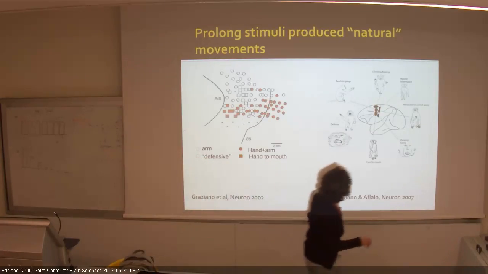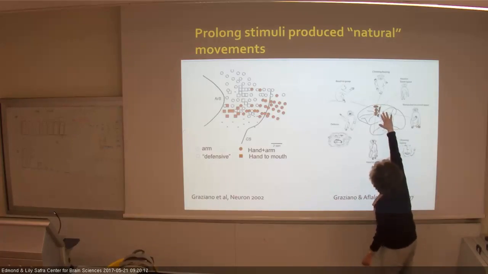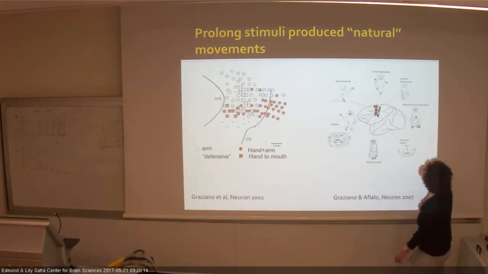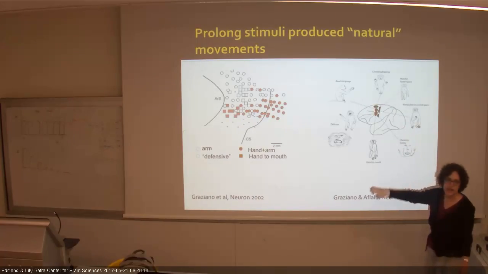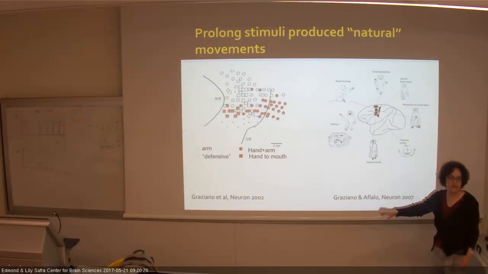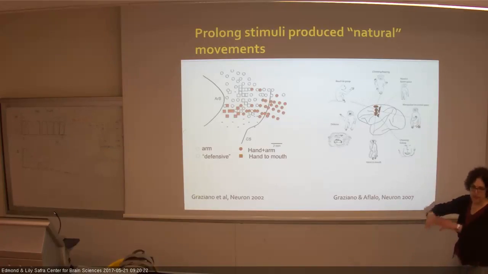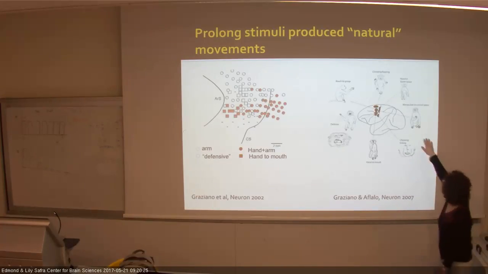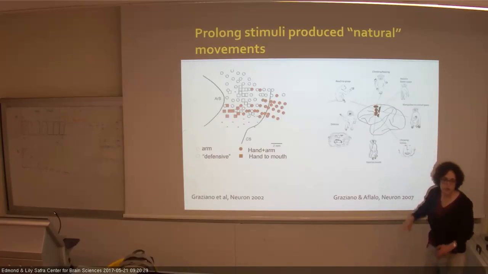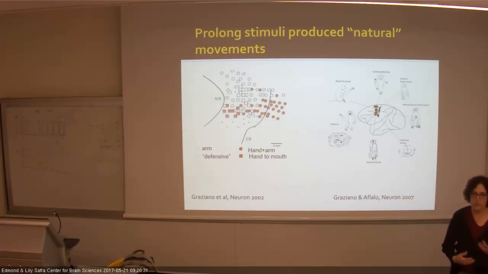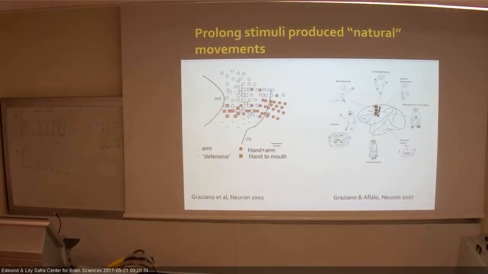The way he mapped is he found that in the primary motor cortex there are sites that cause a movement of the hand to a specific subspace around the monkey, or manipulation in the central space, or chewing and licking, movements that have what we think is ethological meaning.